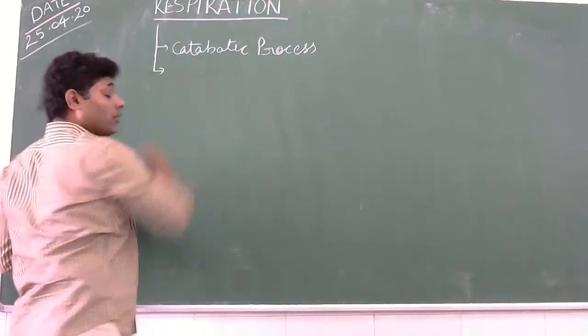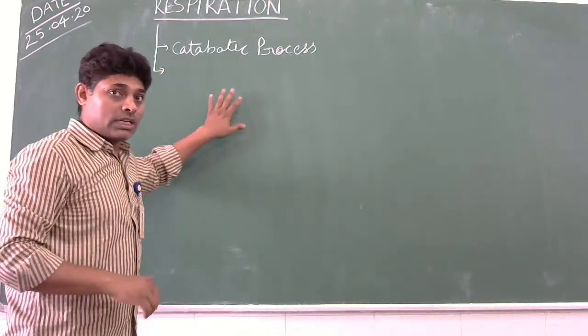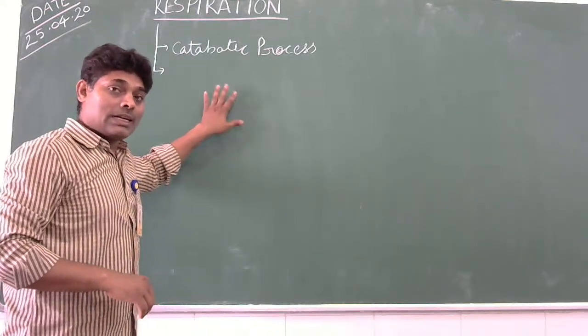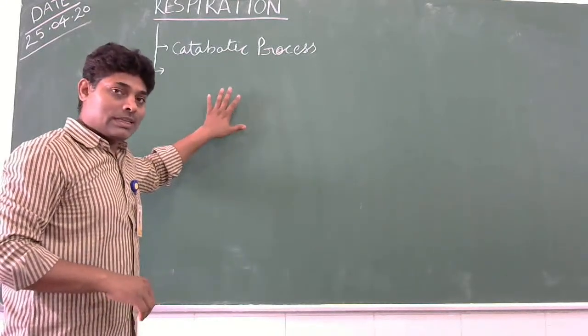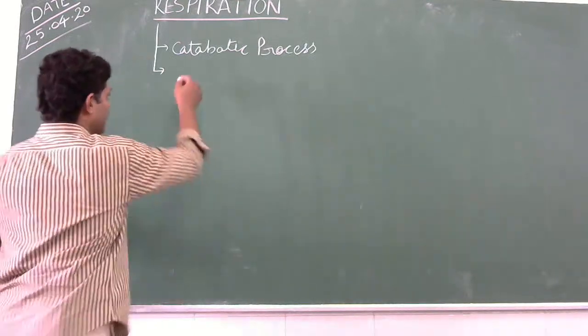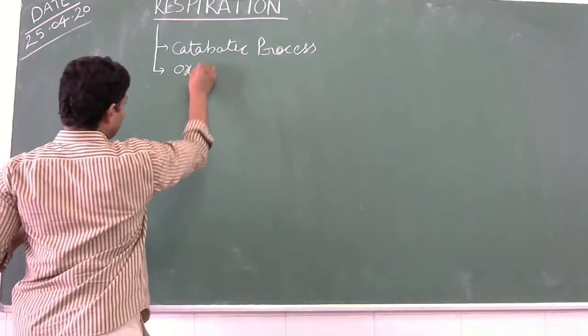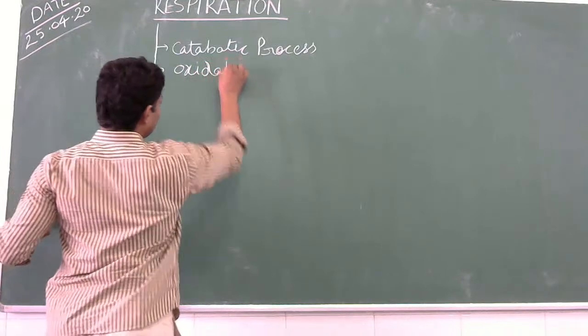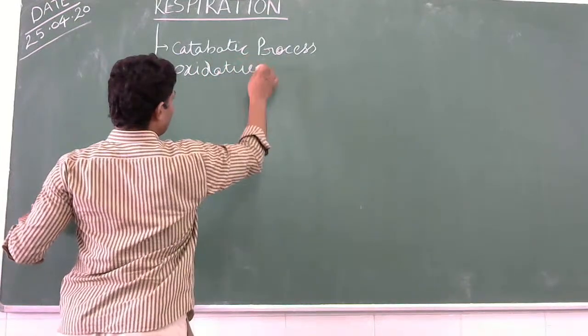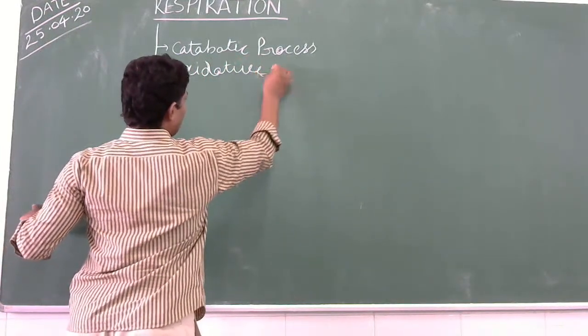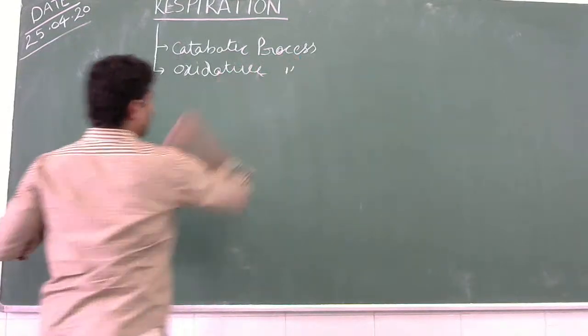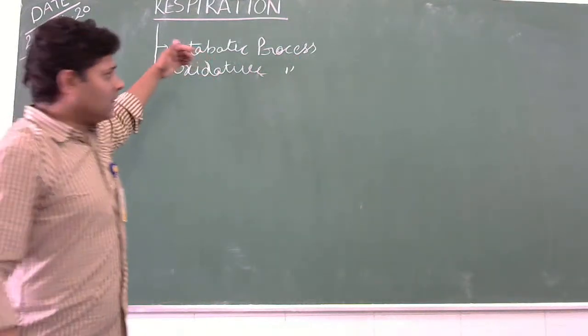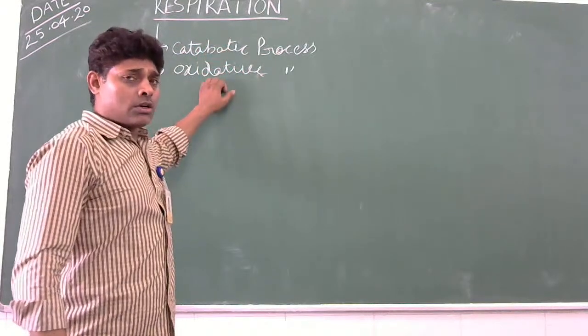For the breakdown of the glucose molecules or organic substances, it needs oxidation. That's why it is an oxidative process. So basically, this is the catabolic process and the oxidative process.